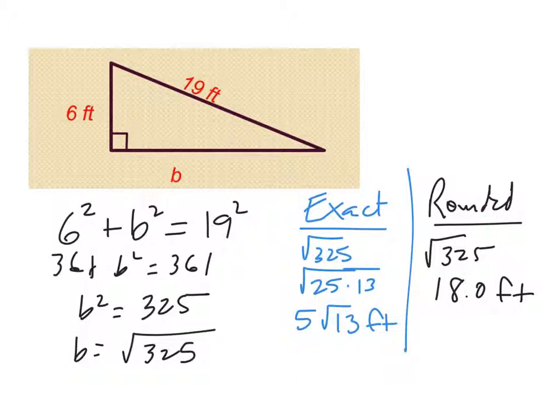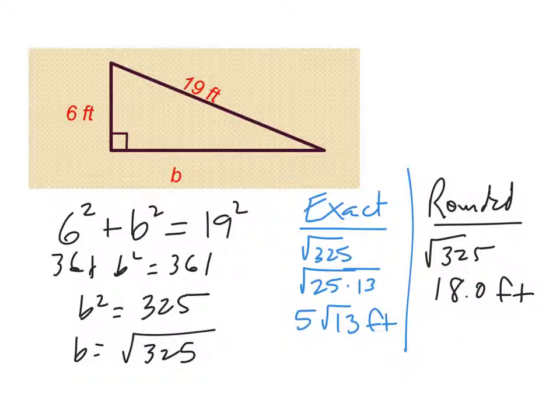Any questions about this? No. How many had that? Probably had the 18. Probably didn't have the 5 root 13. You do not have to do both unless it tells you to. I just want you to see what an exact answer looks like and what a rounded answer looks like.